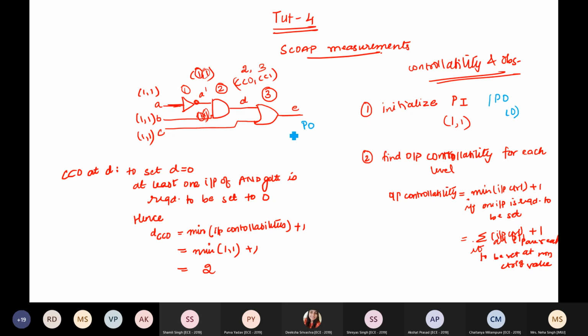Observability can be calculated backwards. Once I have the output observability, I can determine the observability of each of the inputs for the logic gate using the formula.